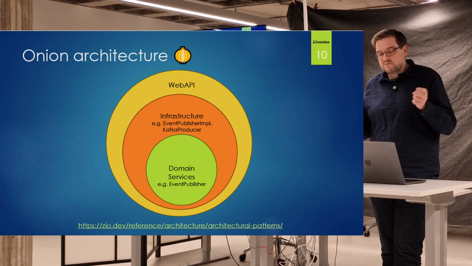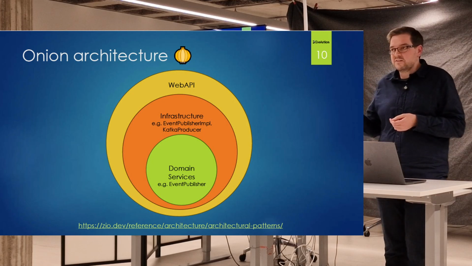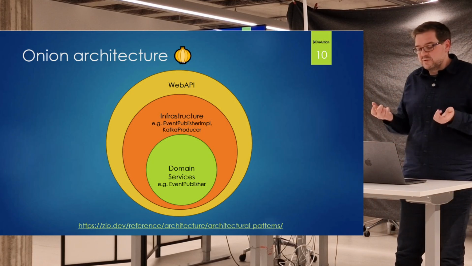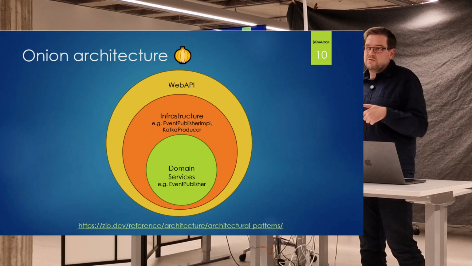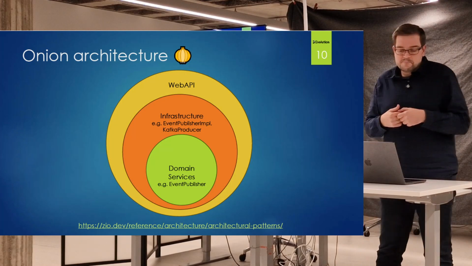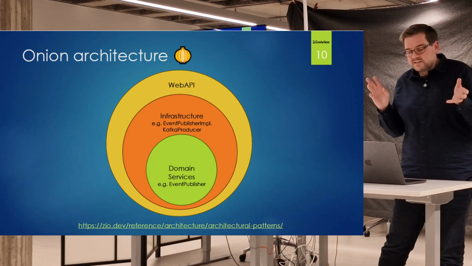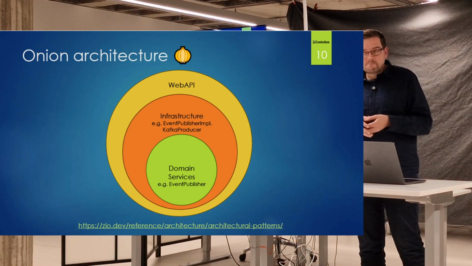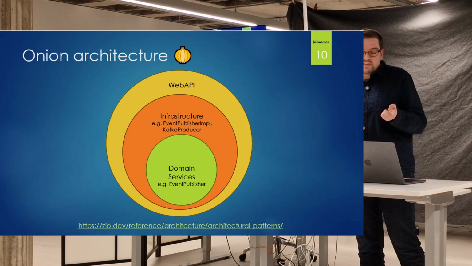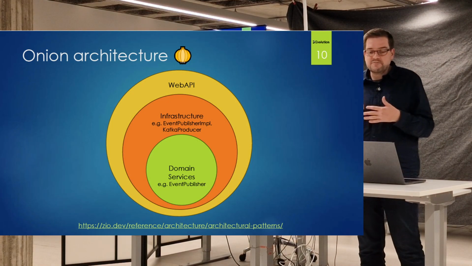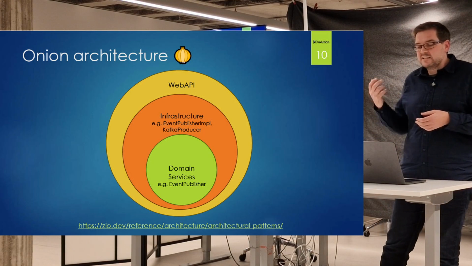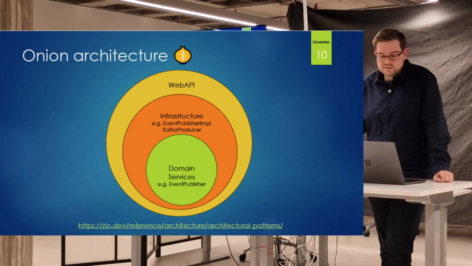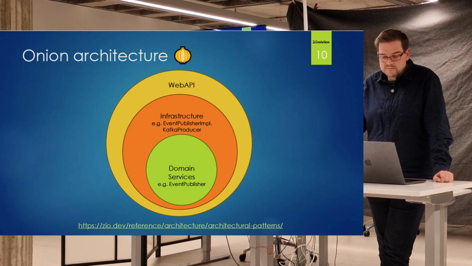Usually maybe the third circle will be a web API. And the rule is the core doesn't know that any other circles exist, but all other circles can reach to inner circles. So the domain services are called in an abstract way like EventPublisher. And the infrastructure services will be called like Kafka producer, or something related to how you actually built the application to do the actual work.